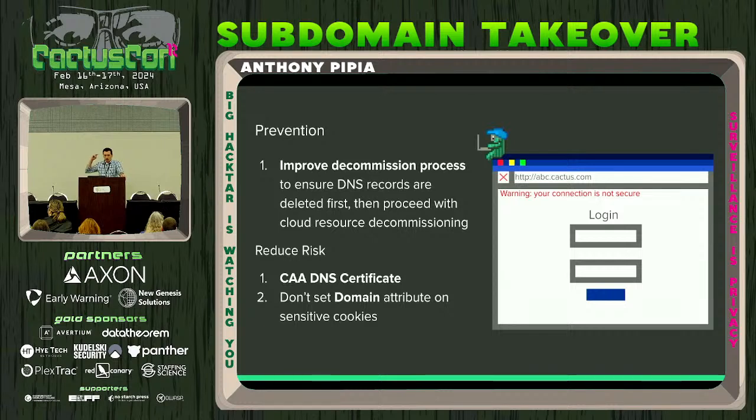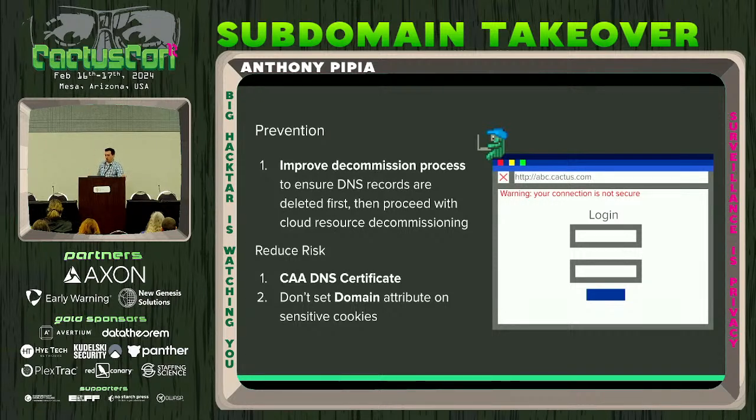But there's 2 things you can also do to reduce the risk, and one of the ones I want to talk about really quick is called a CAA DNS certificate. You'd create this certificate with your DNS provider, and they would not let anyone else create a certificate for your domain, right? No other company could do that.